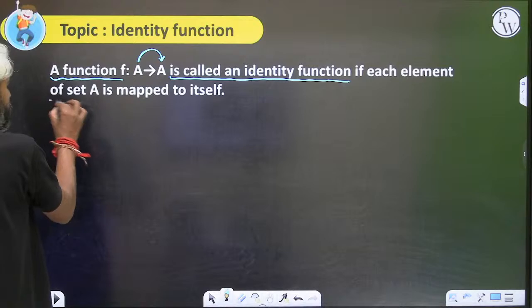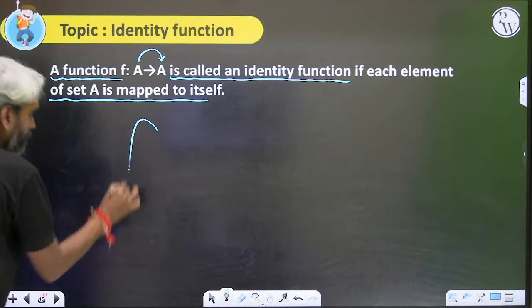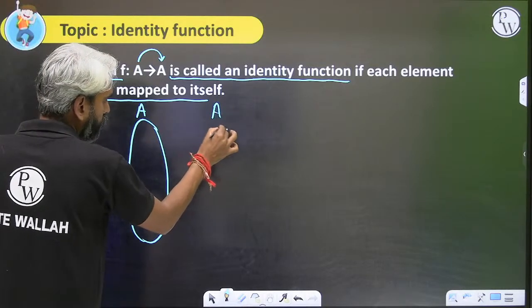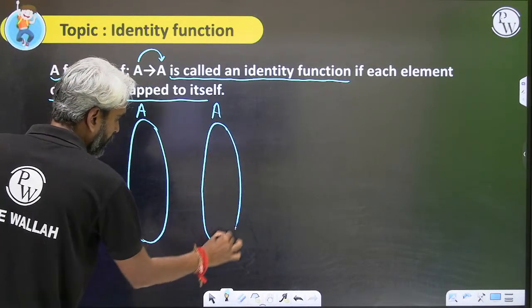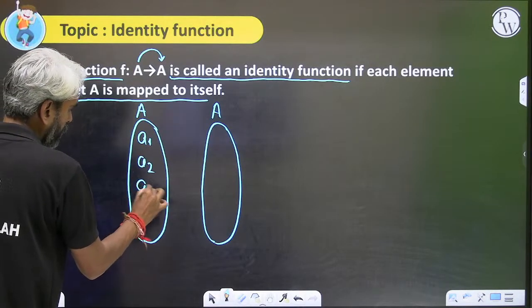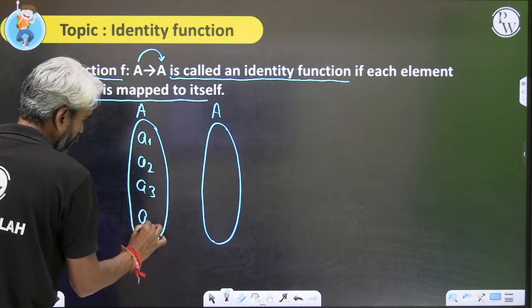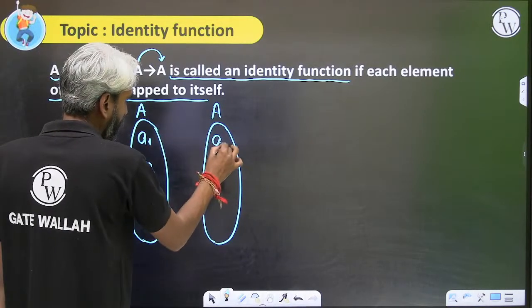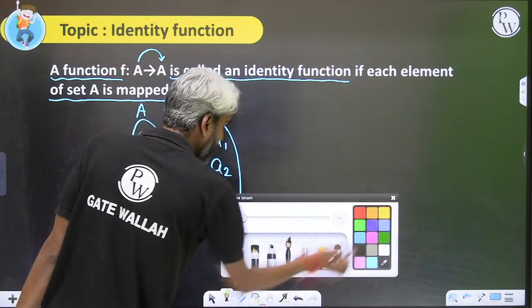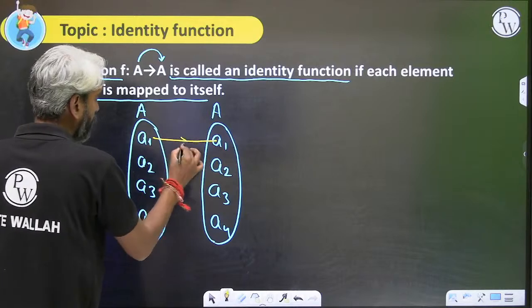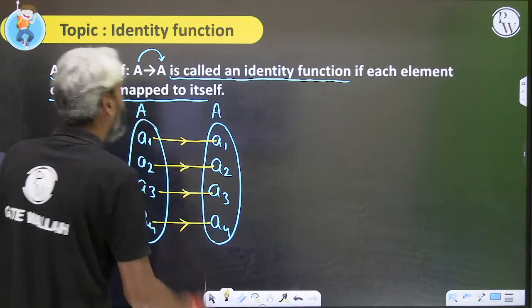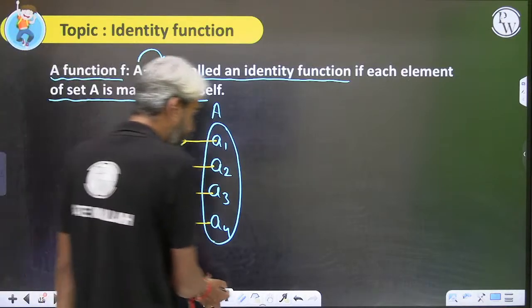Let's take a set A, and the codomain will also be set A. Let's assume that A1, A2, A3, A4 are the 4 elements in set A. Every element needs to map with itself. So A1 will map with A1, A2 with A2, A3 with A3, and A4 with A4.